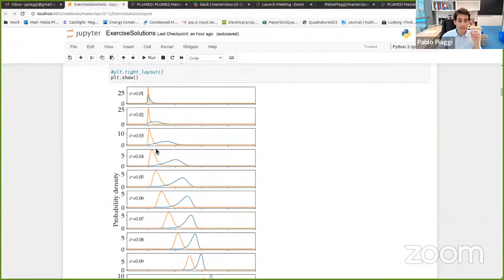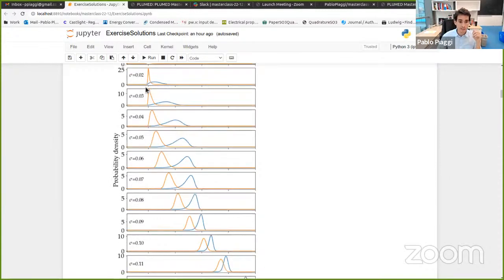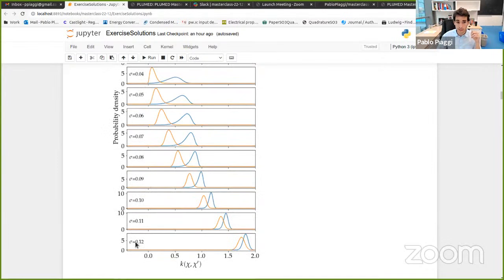So here we have the distributions of the kernel for the liquid and the solid. The liquid is shown in orange and the solid is shown in blue, for different sigma values from 0.01 nanometers to 0.12 nanometers.